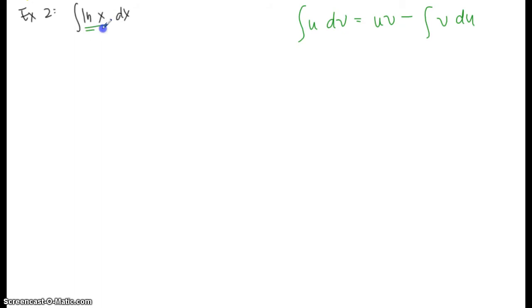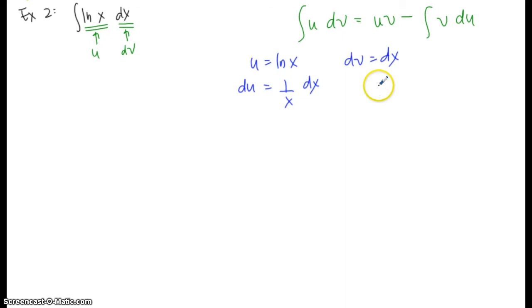So I'm going to set u equal to the natural log of x, and dv equal to dx. Taking the derivative of u with respect to x, du is 1 over x dx. The antiderivative of dv is just x. And then it's just plugging into your formula.